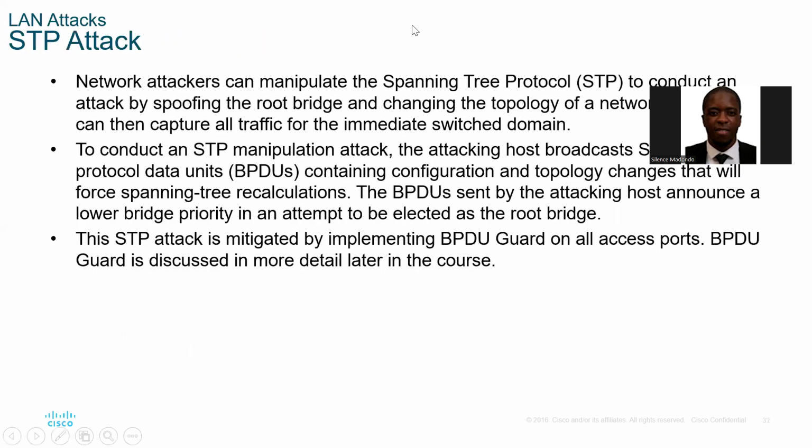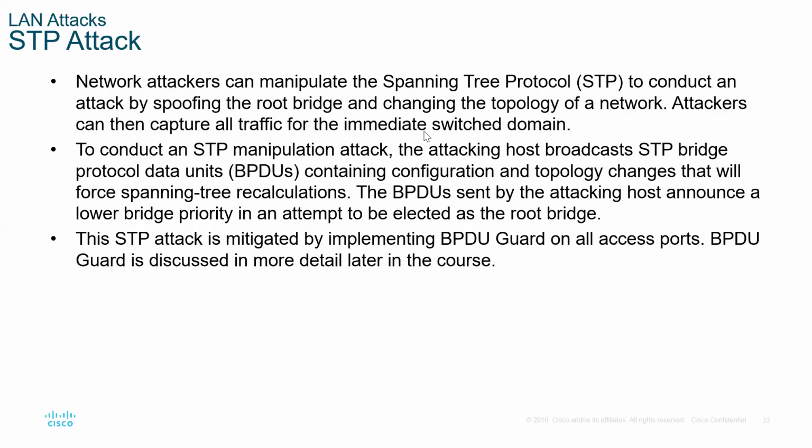Then we go to STP. From what we did when we did STP, we realized we made use of root bridges, which acted as the central point of the switched network, therefore preventing loops in my network. So in a redundant switch network, traffic goes through the root bridge after the election process, obviously.